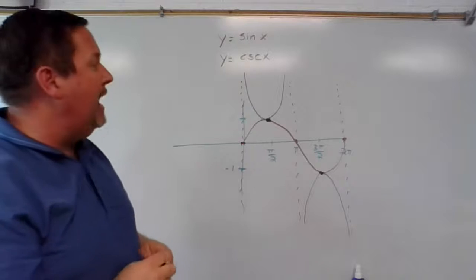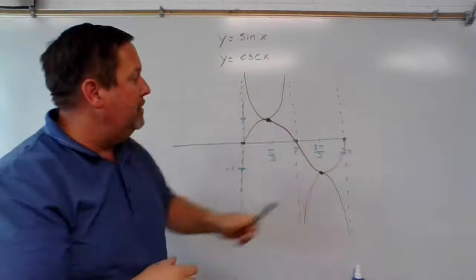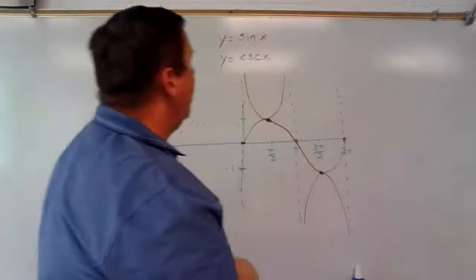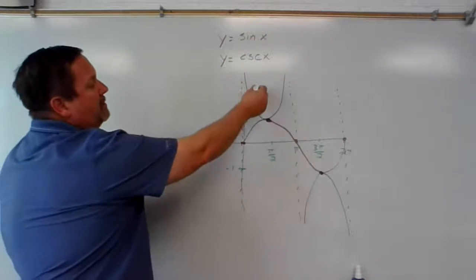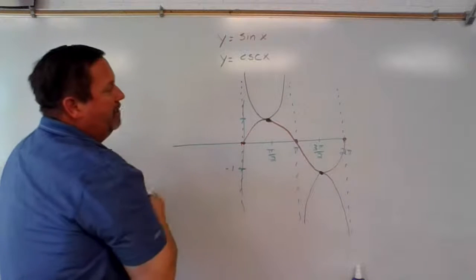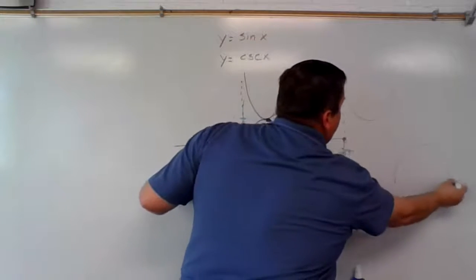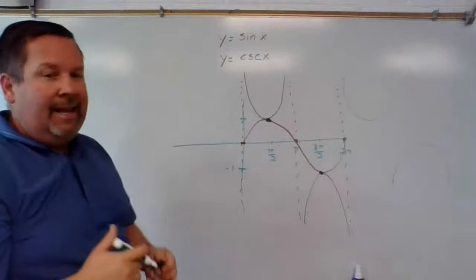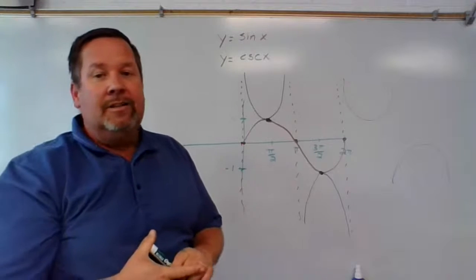So cosecant ends up just being smiles and rainbows, as the sine wave just kind of weaves its way up and down and up and down. The cosecant, y equals cosecant of x, is going to be a smile up above the positive parts and a rainbow down below the negative parts. And it's just going to continue on and on with a smile and with a rainbow. Smiles and rainbows all to the left and right. That's what the graph of y equals cosecant x looks like.